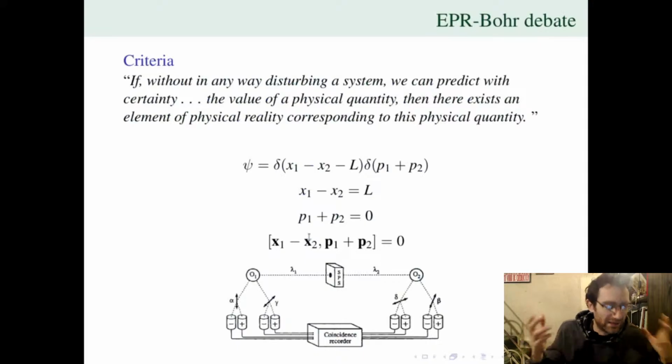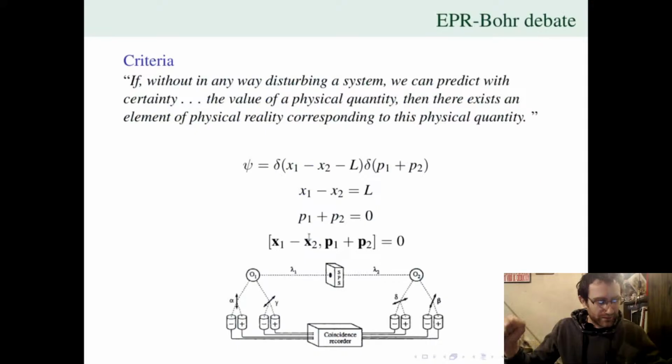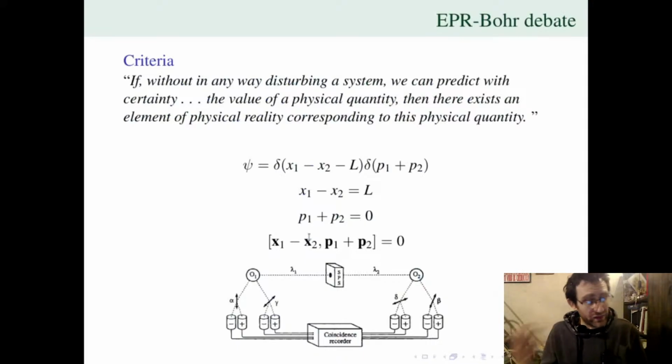The typical setup is a source that emits two particles, prepared in a special state in such a way that when you measure, for example, the position of the first particle, you will be able to predict the position of the second particle. And if you measure the momentum of the first particle, you will be able to predict with certainty the momentum of the second particle.